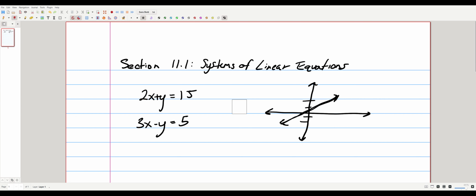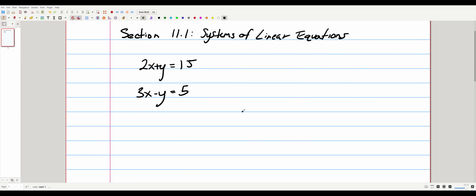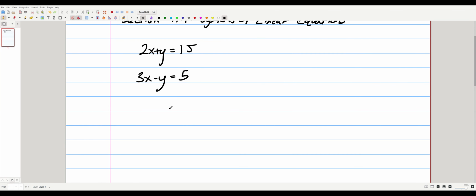So for these systems of equations with two variables, we just have the variables x and y. Essentially what we're trying to do is just find how many different points on the graph these lines intersect. And so we have a few different techniques.